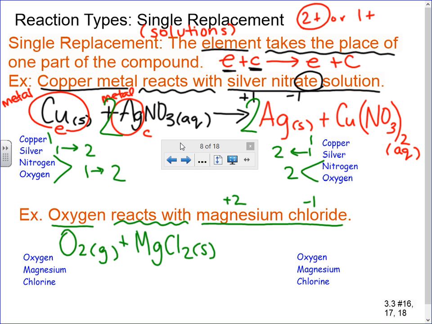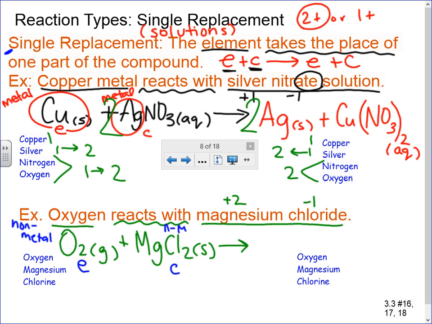Now I need to predict my products. Now the description, let me remind you, says that the element takes the place of one part of the compound. Oxygen is my element, magnesium chloride is my compound. So oxygen is going to replace part of the compound. Oxygen is a nonmetal.